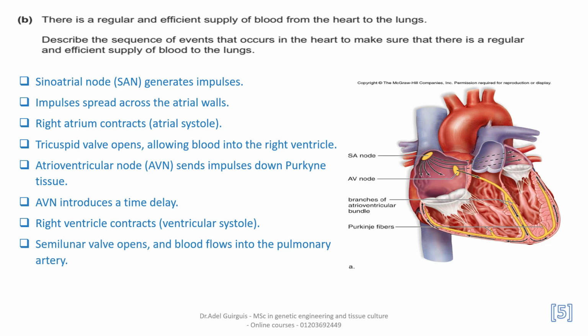The semilunar valve opens and blood flows into the pulmonary artery to reach the lungs, where gas exchange takes place. After blood is pumped into the pulmonary artery, the tricuspid valve closes to prevent backflow, and the semilunar valve also closes to prevent backflow towards the right ventricle again.